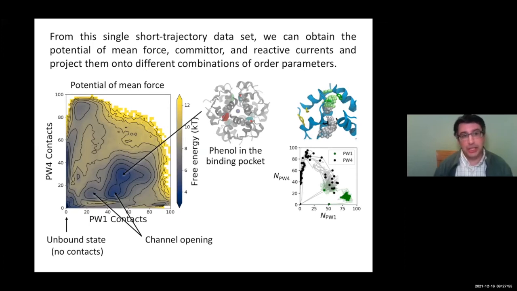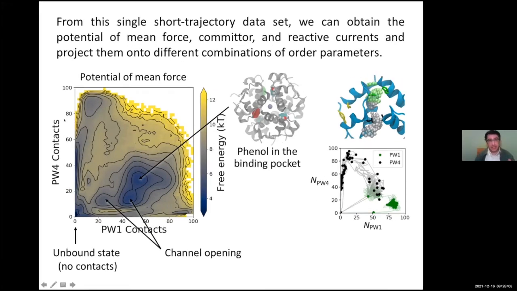I'm going to show you them projected onto counts of contacts along pathway 1 and pathway 4, because that provides a pretty good separation of 4 of our pathways, actually 1 and 1A and 4 and 4A. Okay, so just to orient you, here at about 60-30 is phenol in the binding pocket.